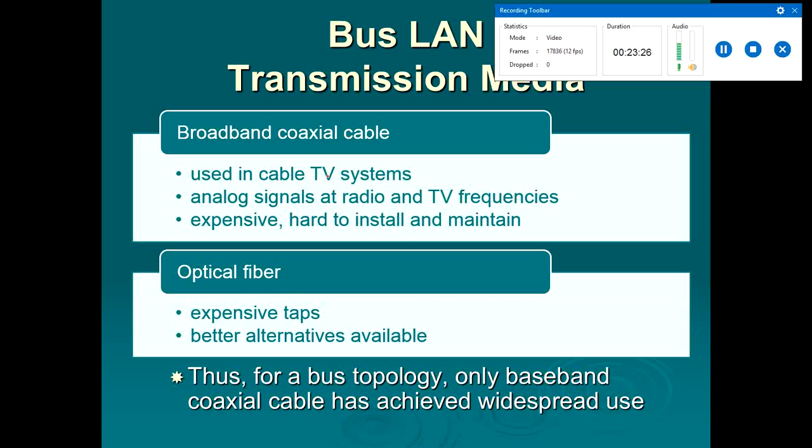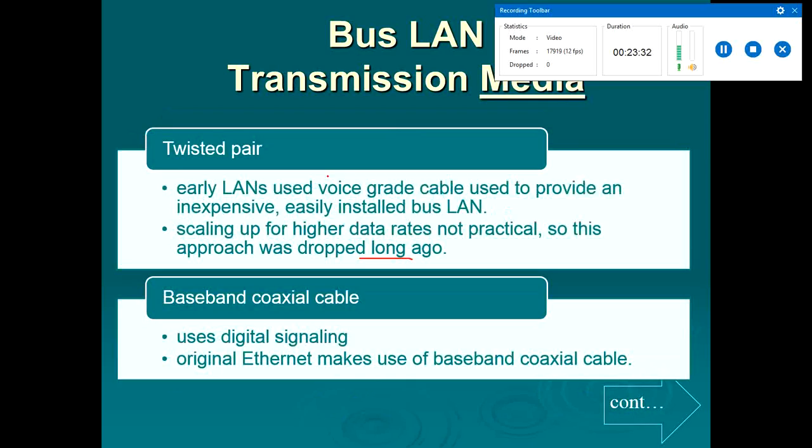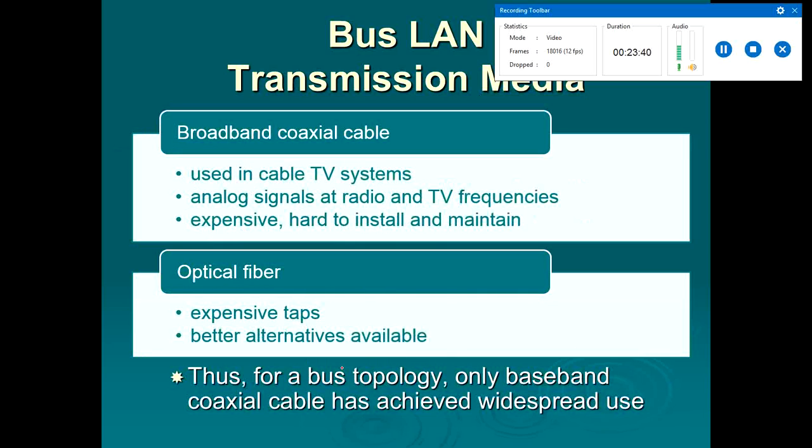So this approach never achieved popularity, and such LANs are no longer made. Twisted pair has been dropped long ago. Original Ethernet made use of baseband coaxial cables, and broadband coaxial cables were used only in cable TV systems, but they are expensive and hard to install, so again not that popular.